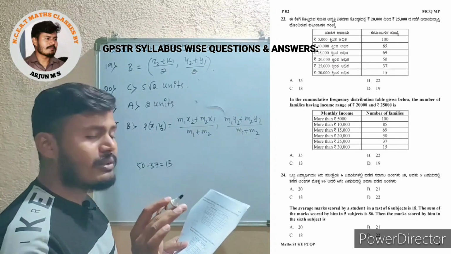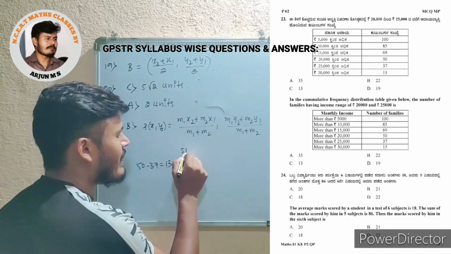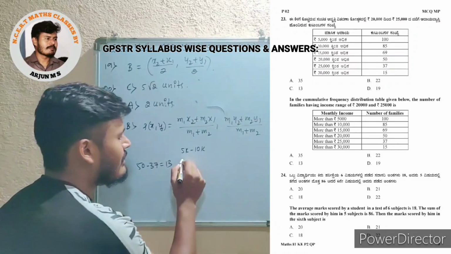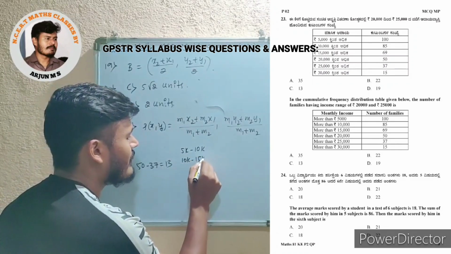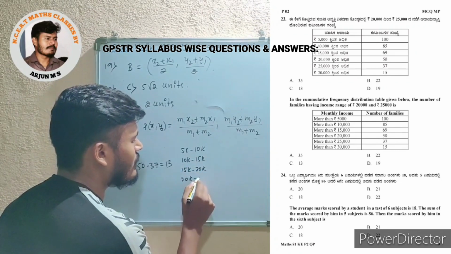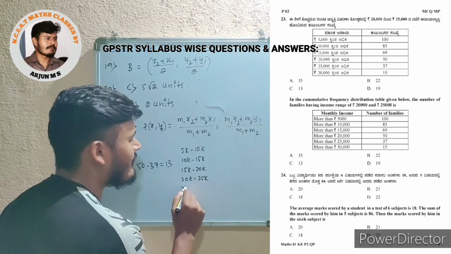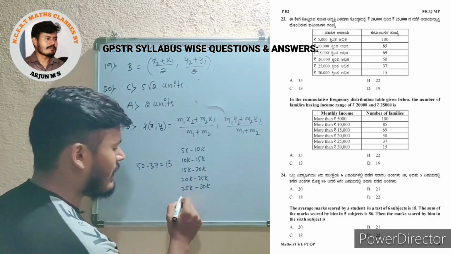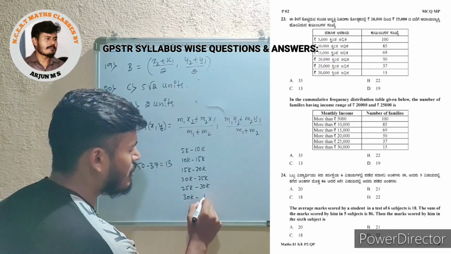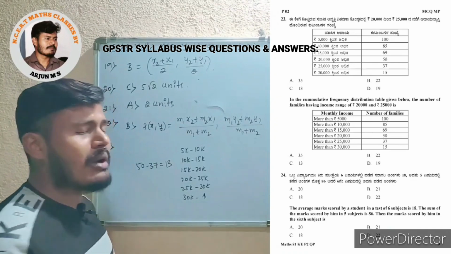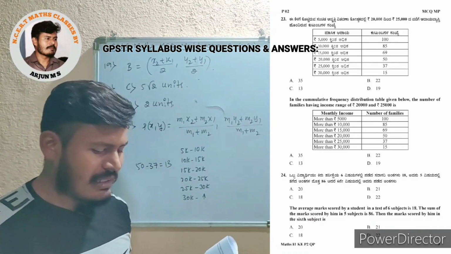First of all, you should write down the class intervals 5k to 10k, that means 5,000 to 10,000, and 10k to 15k, 15k to 20k, 20k to 25k, 25k to 30k, and they have given more than 30, so 30k and more. So these are the class intervals. Now we have to find the frequencies here.